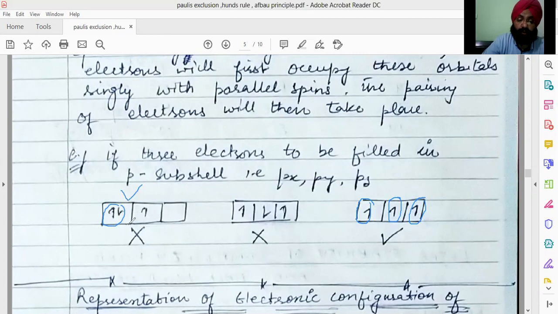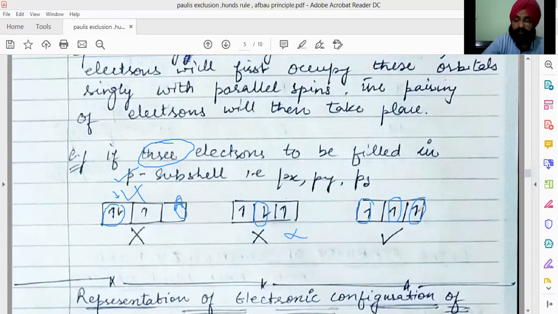If more than one orbital is there in degeneracy, we cannot fill two electrons in one orbital and keep another empty. While filling three electrons in a p subshell, where px, py, and pz are degenerate, we cannot fill two with upspin in one orbital and one downspin. So this is again wrong.